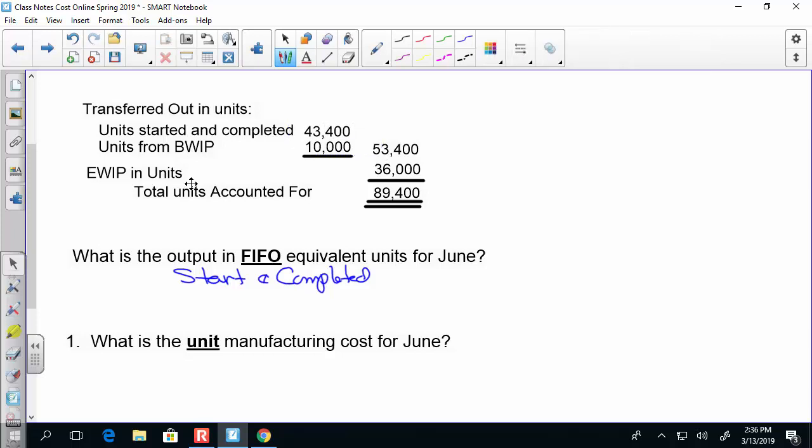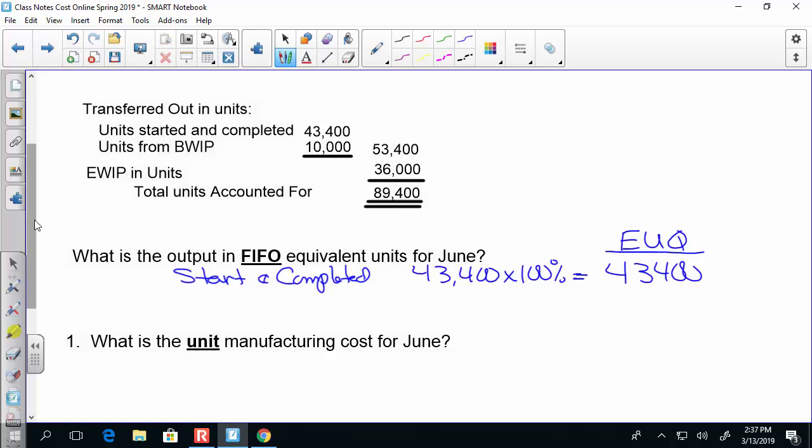Now we come up to this total 53.4. We're going to take the 43.4 and multiply by 100%, which obviously is 43.4 equivalent units. And with FIFO, we don't mix prior cost or units with current production.